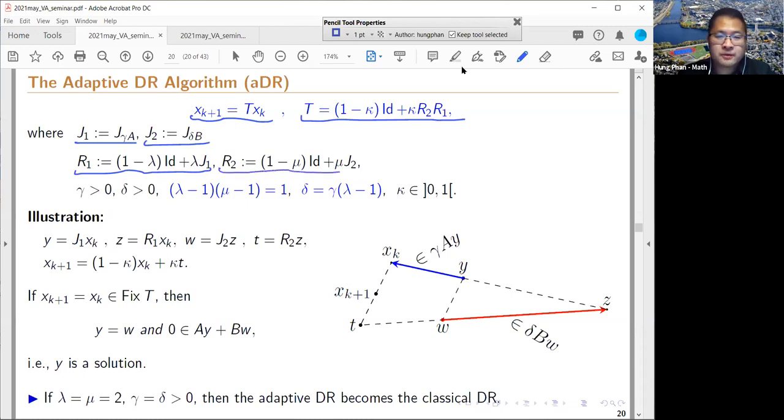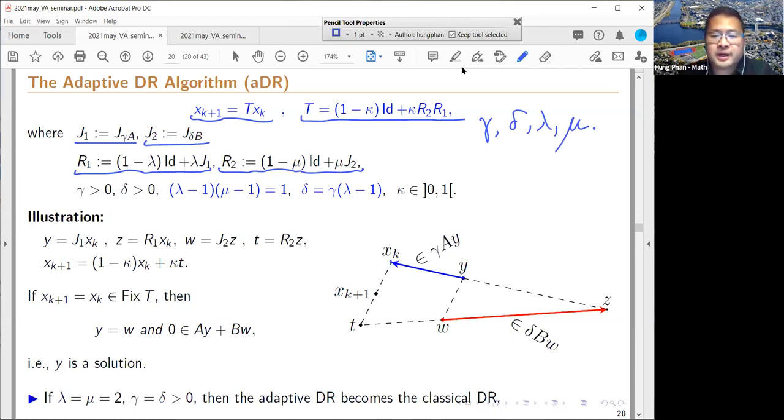R2 is the relaxed resolvent of J2, with two different parameters, lambda and mu. So in total, we have at least four: gamma, delta, lambda, and mu.